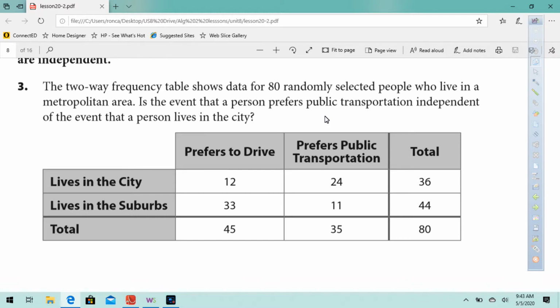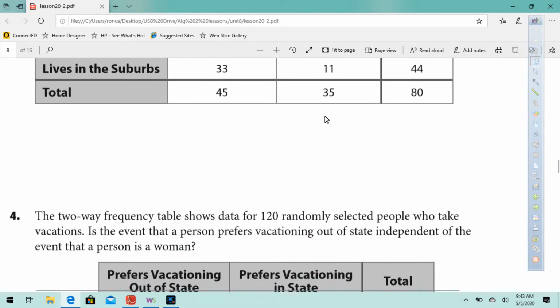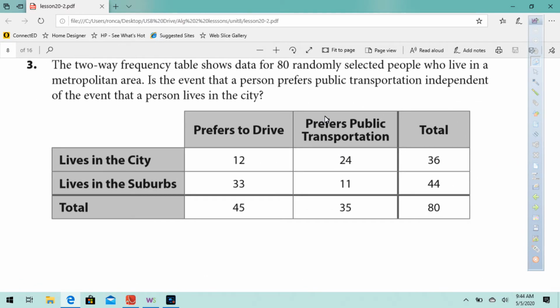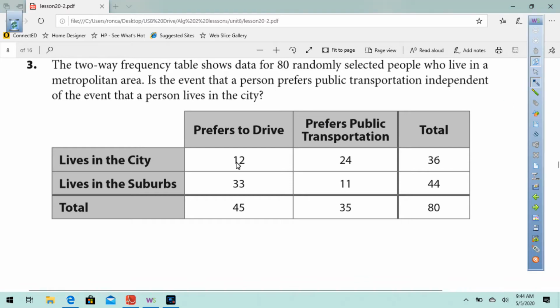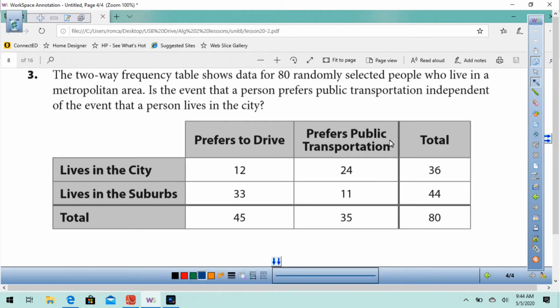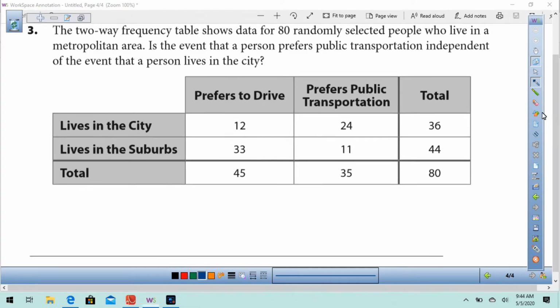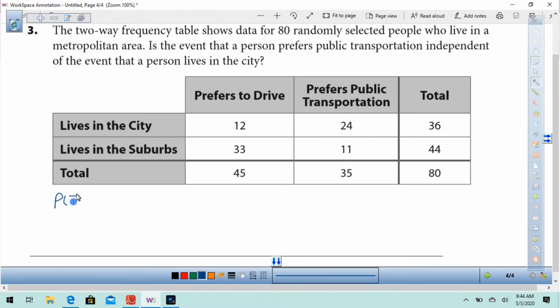Well, let's see. What do we got? The probability that a person prefers public transportation, the probability of T, is going to be 35 over 80.